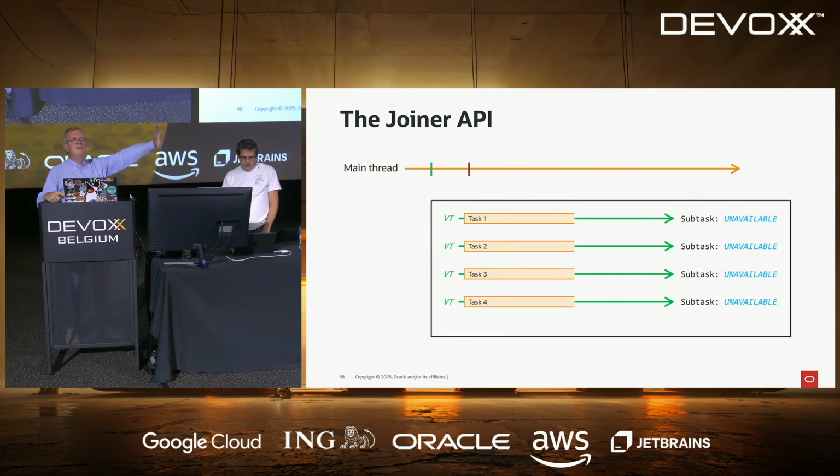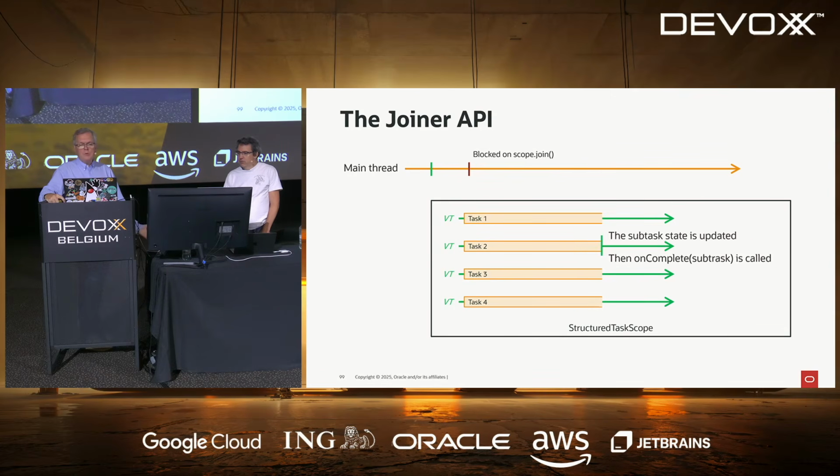So all the states of the subtasks are still unavailable, and the onFork methods have already been called because the virtual threads now exist. Then you call join at this point. This join call is blocking, so you're just waiting for the results of your tasks to arrive.